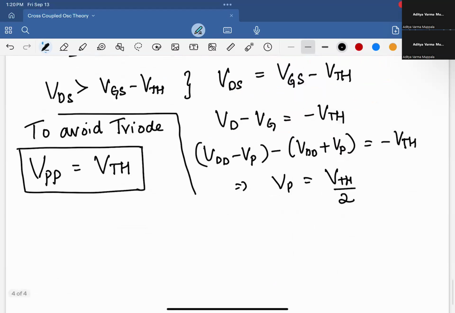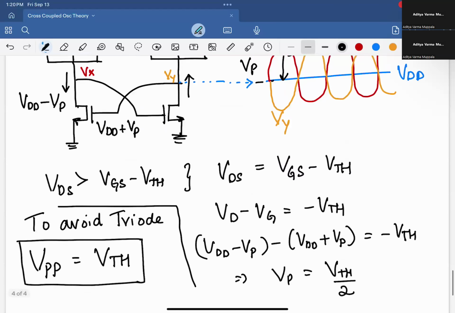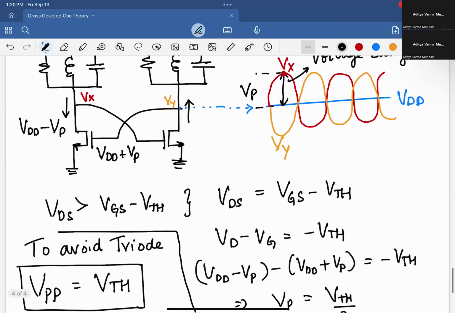All right, there's another issue with this design that we need to talk about. You have VDD minus VP here and you have VDD plus VP here, right?